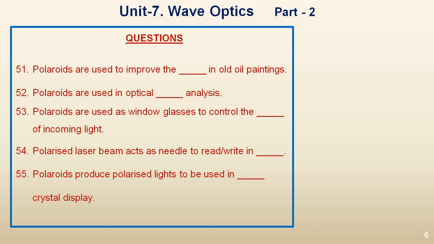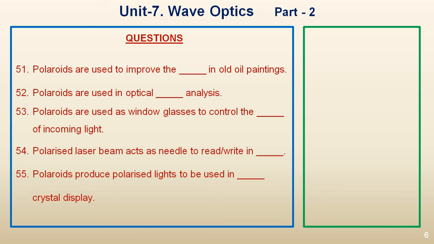Now we are going to see the answers for the question number 51 to 55. Question number 51. Polaroids are used to improve the color contrast in old oil paintings. Question number 52. Polaroids are used in optical stress analysis. Question number 53.